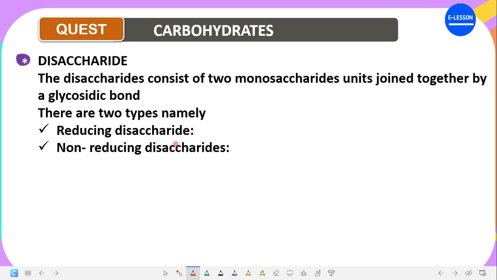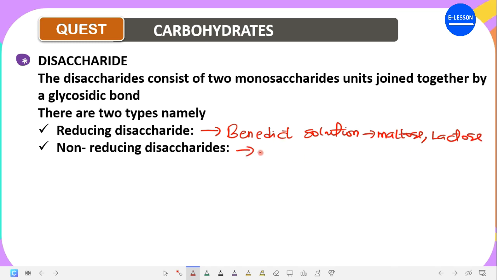There are 2 types, namely reducing disaccharides, which are those that reduce Benedict solution. Are you getting it? That means the ones that are reducing sugars. Examples are maltose and lactose. These are reducing disaccharides.